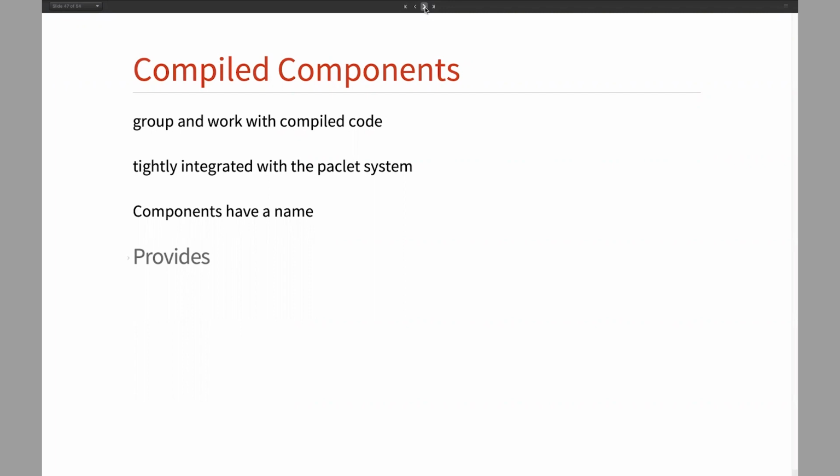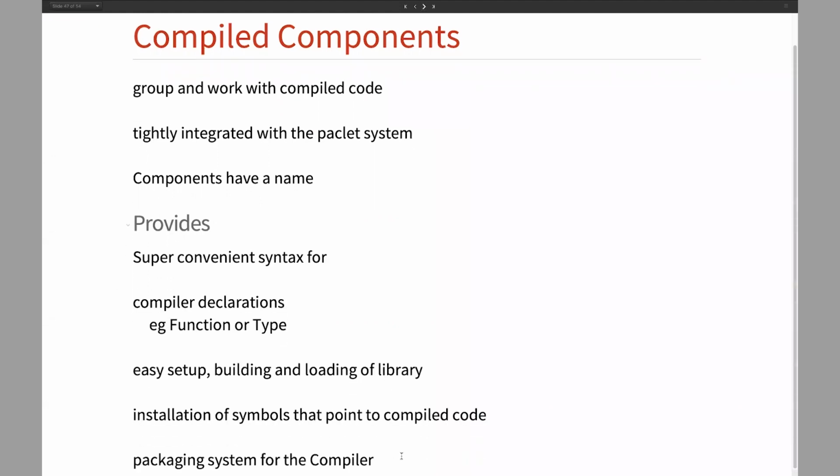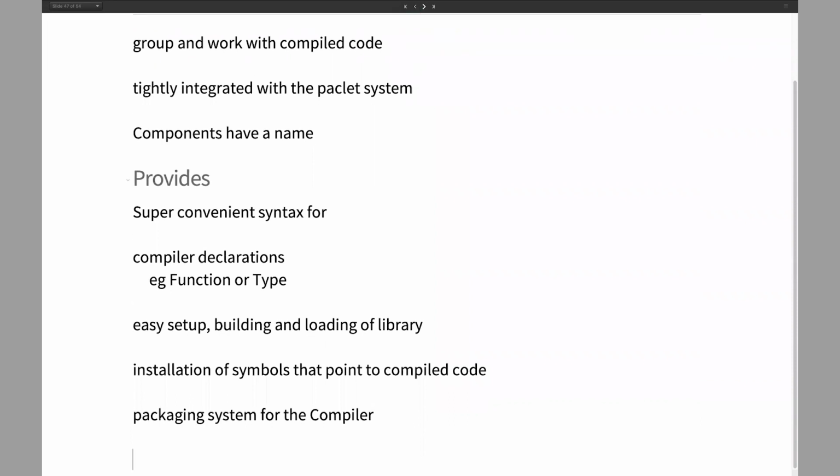It integrates very tightly with the Packlet system, but you don't have to use Packlets. There's a bunch of talks on Packlets coming up. The components have a name, like Packlets have a name, and this provides a nice, convenient syntax for adding compiler declarations, functions, and types. There's easy setup and building and loading of libraries.